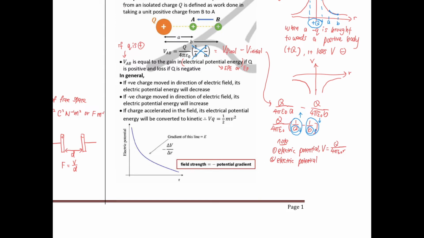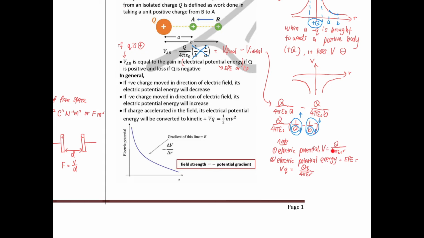Okay, electric potential energy, which is EPE, is actually equal to V times q, and we have Q over 4 pi epsilon naught R. So this is electric potential energy. You will realize the difference is there is a multiplication of small q to electric potential.